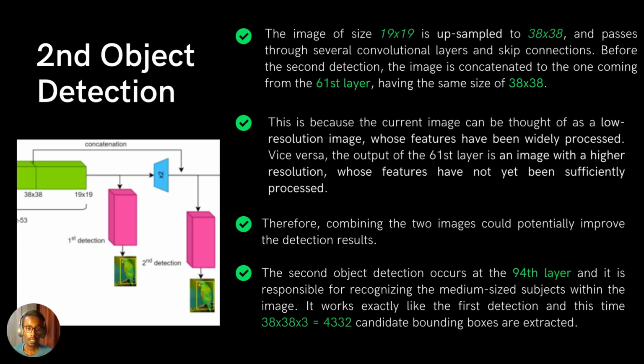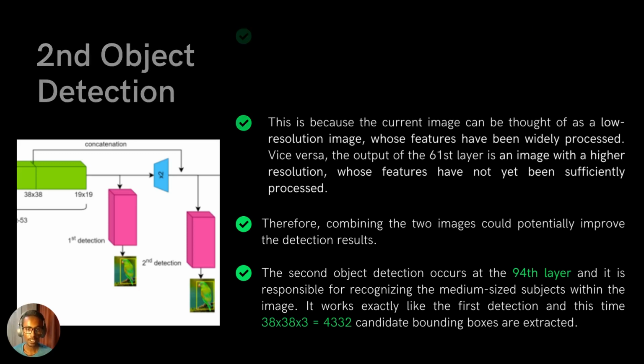This time, we're going to have a spatial dimension of 38 by 38, and each of those grid cells is going to predict 3 bounding boxes. So in total, we're going to have 4,332 candidate bounding boxes extracted from the second detection.